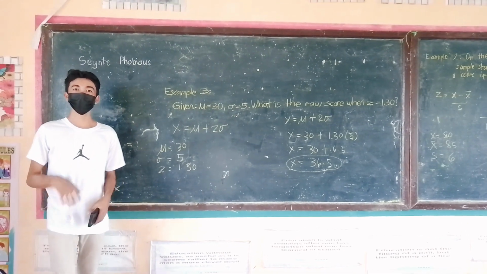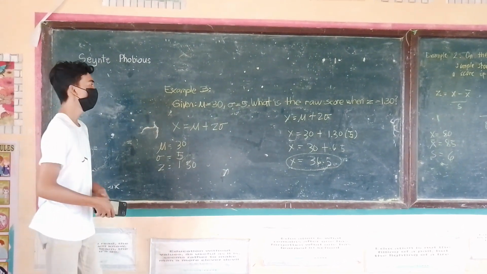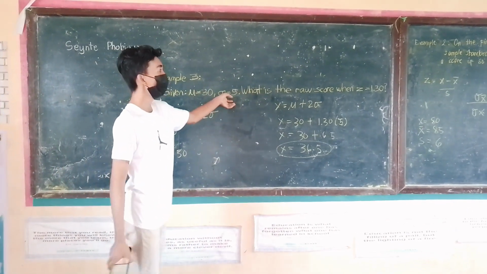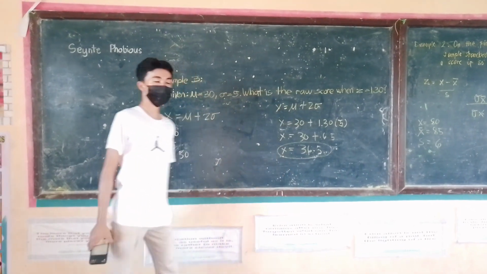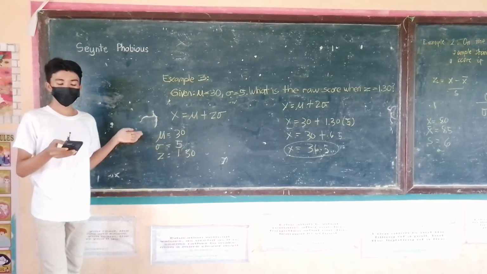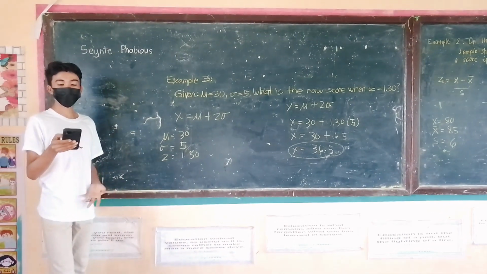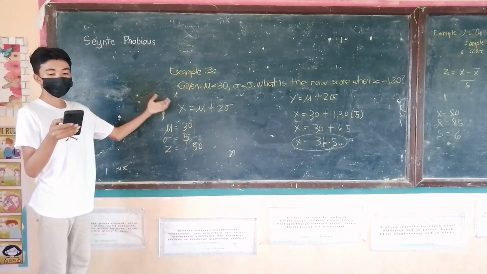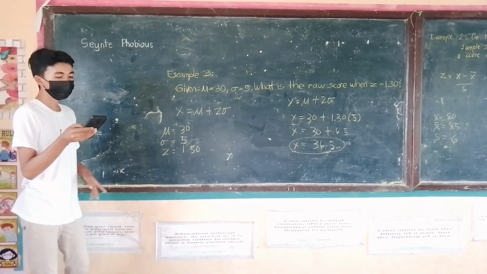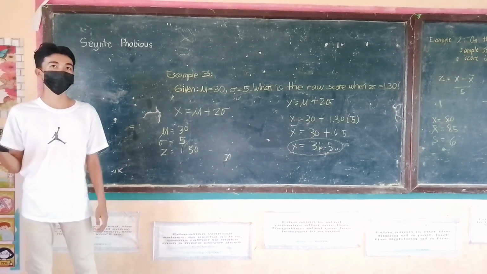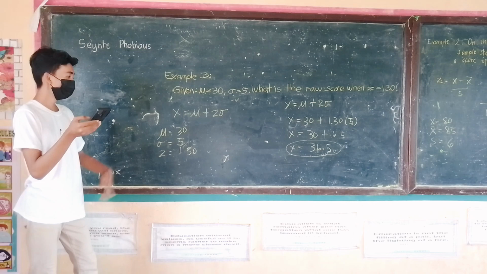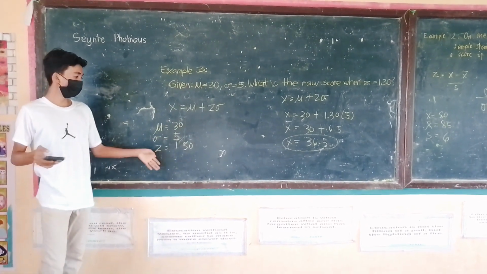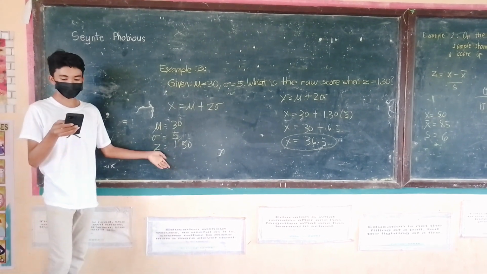Let's have another example. Example number 3. Given mu is equal to 30, sigma is equal to 5. What is the raw score when Z is 1.30? For easy computation, let us derive the formula as indicated in the problem. The next step is to write the given values, which is mu equal to 30, sigma equal to 5, and Z equal to 1.30.